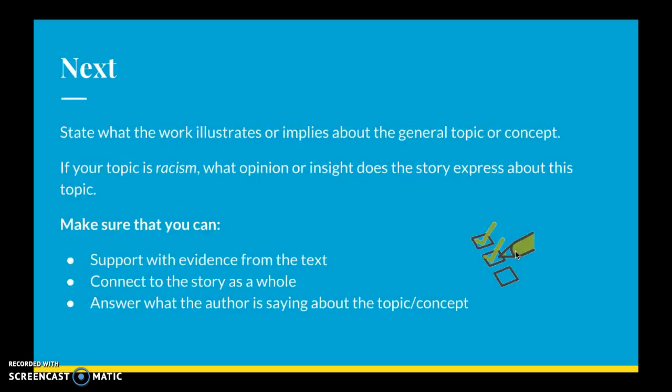So next, I'm going to state what the work illustrates or implies about that concept. So what are we supposed to learn from it, or what is our takeaway from that big general concept? Okay. You want to make sure that whatever you choose or whatever you say is something you can support from the text, that it connects to the whole story, and that the answer is what the author is saying about the topic.